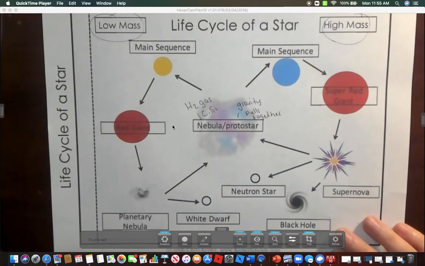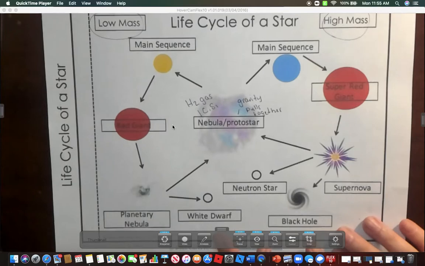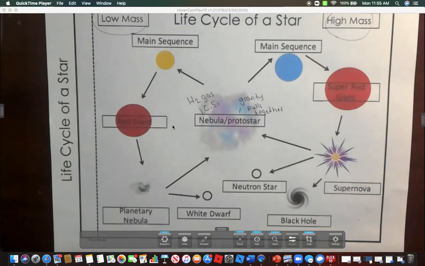As gravity pulls the dust and gas together, it's kind of like a snowball, right? You keep packing on dust and gas, and the gravity is going to get higher and higher, and the density or the mass of that star is going to get higher and higher. When we reach a point where that gravity causes the temperature of the star to increase, we end up with our protostar.